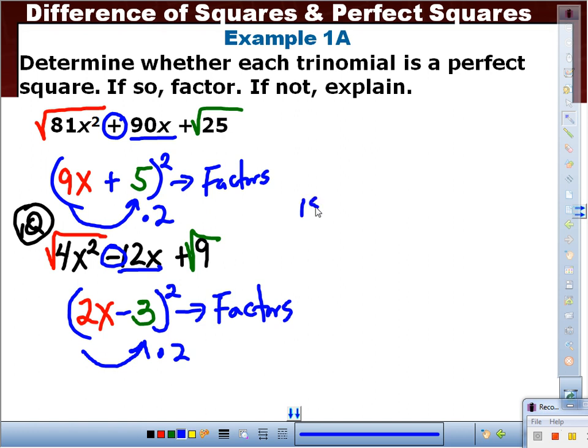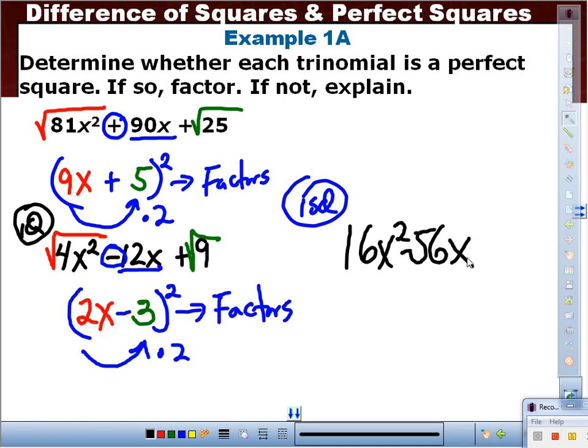Example 1 super Q. Let's go with 16x squared minus 56x plus 49. Find me my factors, please.